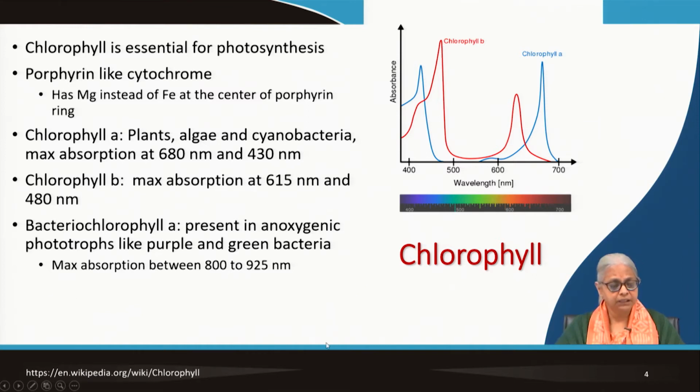Bacteriochlorophyll is quite similar. It is present in anoxygenic phototrophs like purple and green bacteria. Maximum absorption is kind of off the scale, it's towards the infrared region, and that's 800 to 925 nanometers.